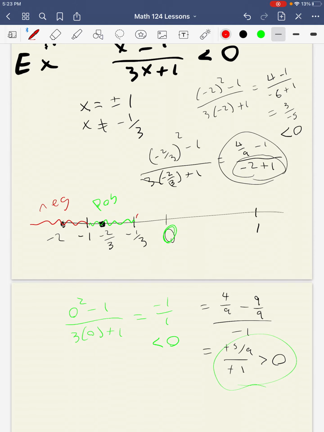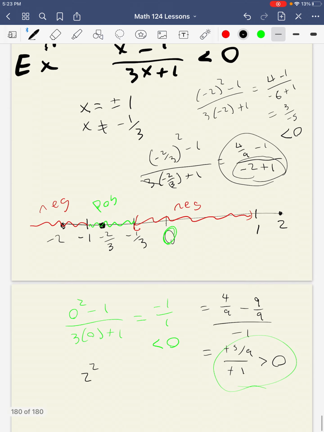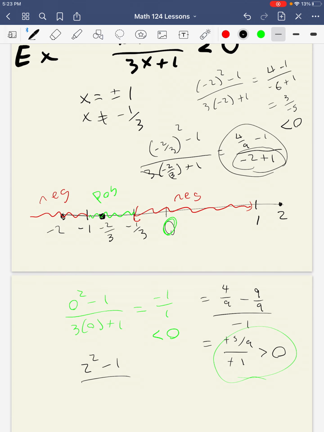Sorry that I wrote that in green, but here we get negative outputs. Okay, last thing to test, say the number 2 will work. We do 2 squared minus 1 over 3 times 2 plus 1. That's 4 minus 1 over 6 plus 1, positive.